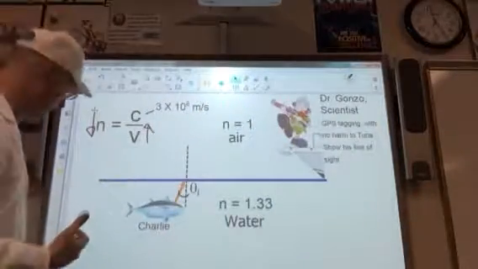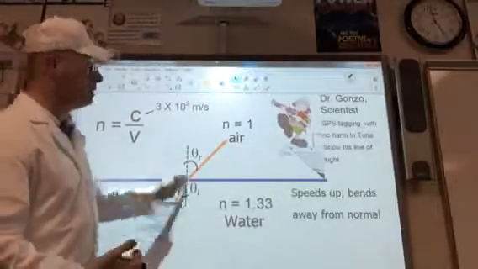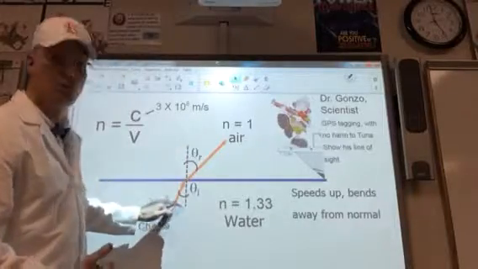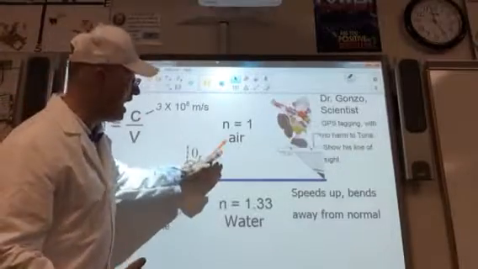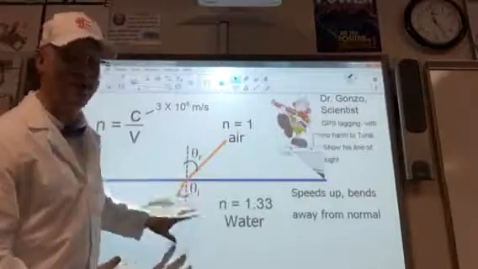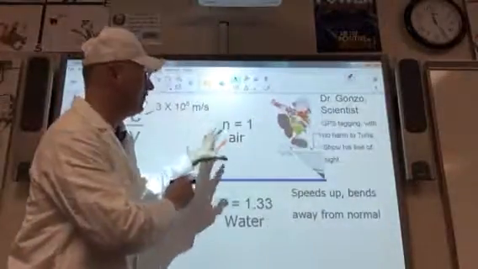When it hits the air, it's going to bend away from normal. Normal, as I said, is the perpendicular line right down the middle. So the angle of incidence is where it's reflecting off of Charlie and hitting the normal, and it's bending away from normal. This angle is always going to be larger than this angle, as long as it's going from a greater density area to a lesser density area, because it'll go a lot faster.